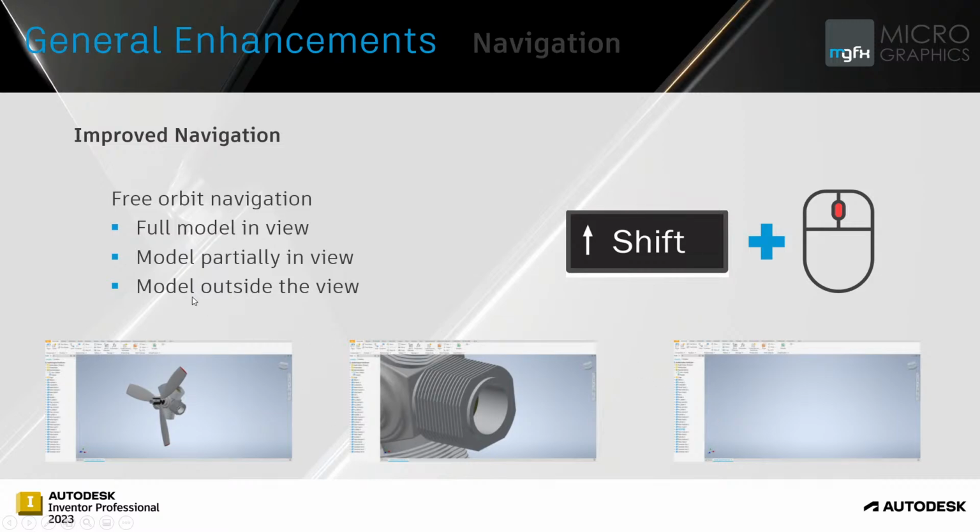And lastly, when we have the model outside of view, so in this case, in this model, the model is to the left or to the right, you will find that when I use my rotate, shift and middle click, it will simply pivot the point around the cursor. So wherever the cursor is, that's where it will pivot. So let's take a look at how that works very briefly so we can carry on.